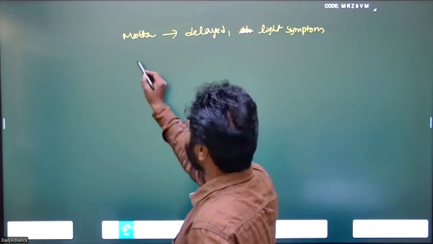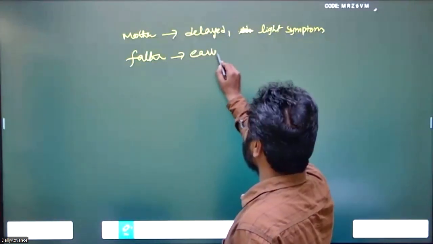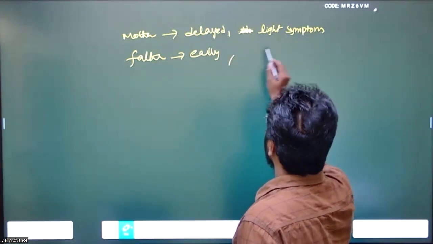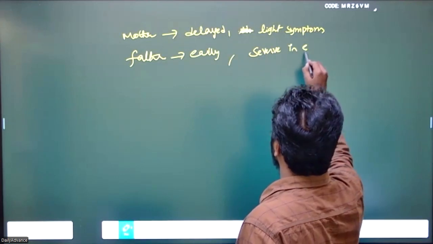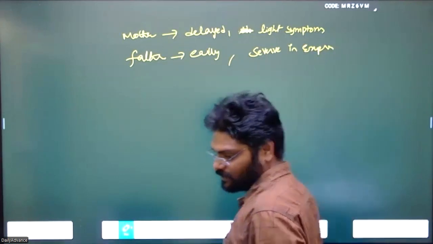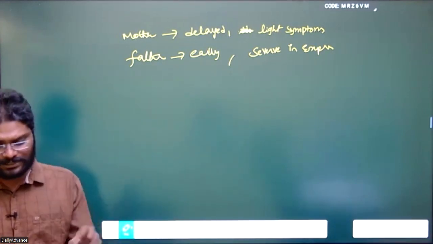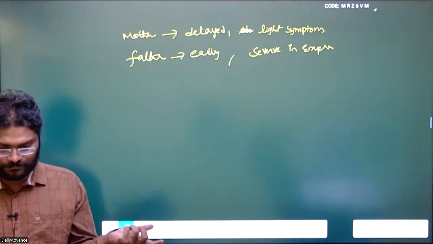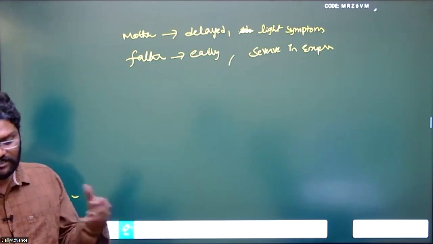If the gene is from the father, early expression, severe expression. So based on the source, if a disease has severity and appears quickly, the source is the father. If the severity is slight as well as delayed, the source is the mother.